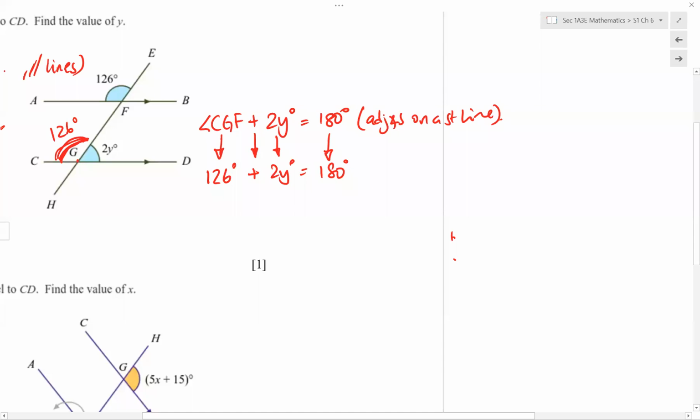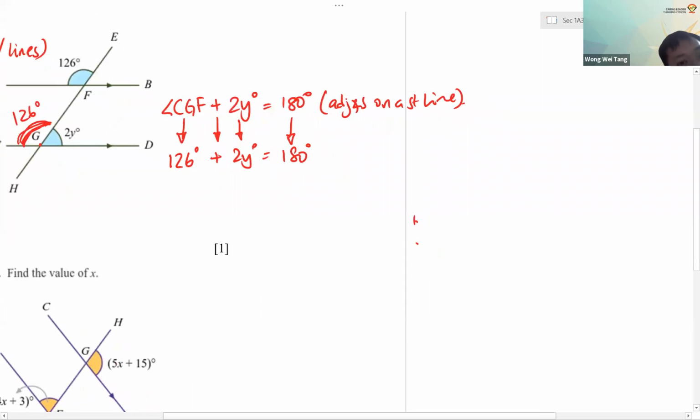We want to find y, so what do we need to remove? 126. So minus 126, is that it? Yeah. Okay. So we end up with 2y degrees equals to?